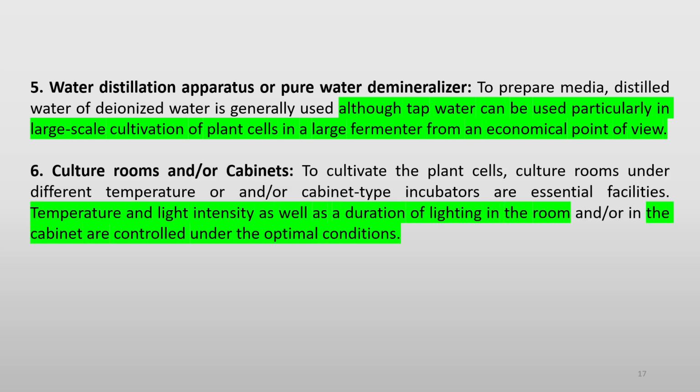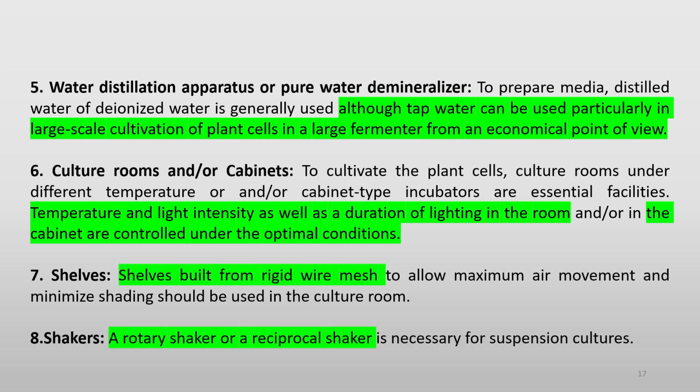Number 6, culture room and cabinet. To cultivate plant cells, culture rooms under different temperatures or cabinet type incubators are essential facilities. Temperature, light intensity and duration of light in the room or in the cabinet are controlled under optimal conditions.